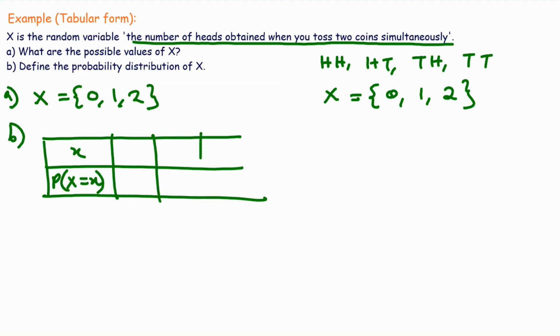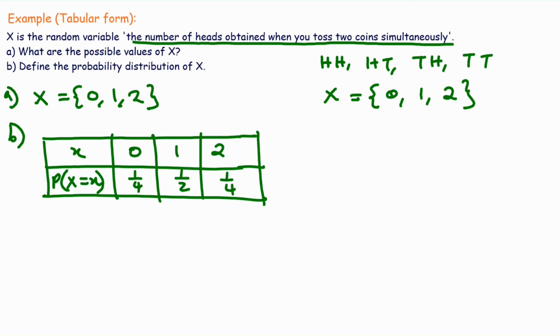And this is very similar to what we discussed previously. So you have X can take the values 0, 1, or 2. And the corresponding probabilities are a quarter, a half, and a quarter, because we have 4 possible outcomes.